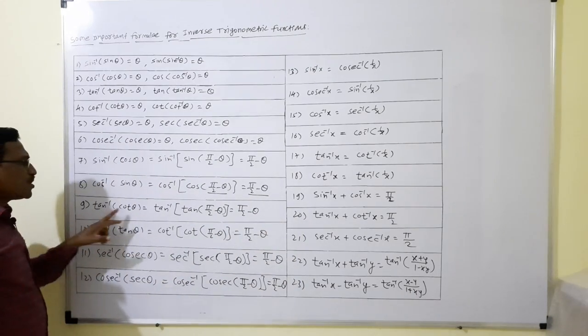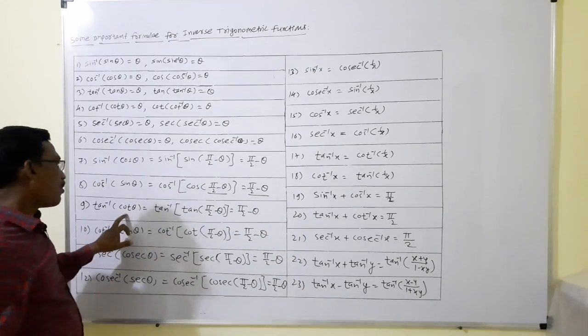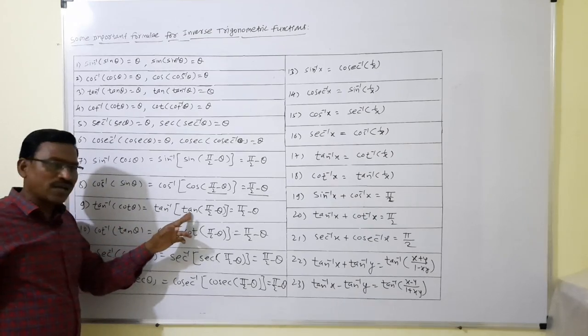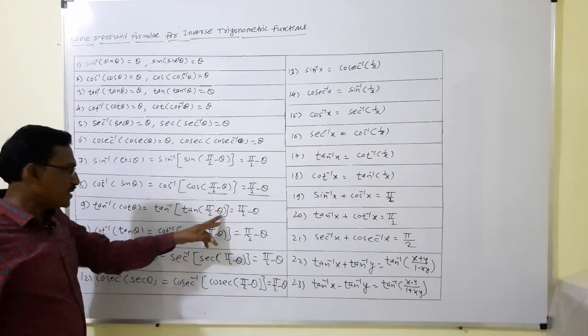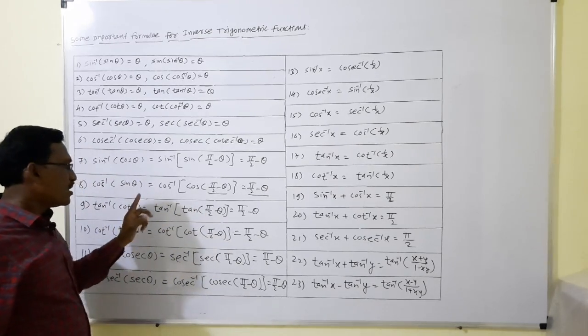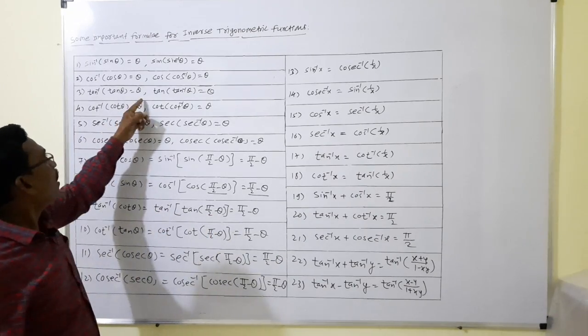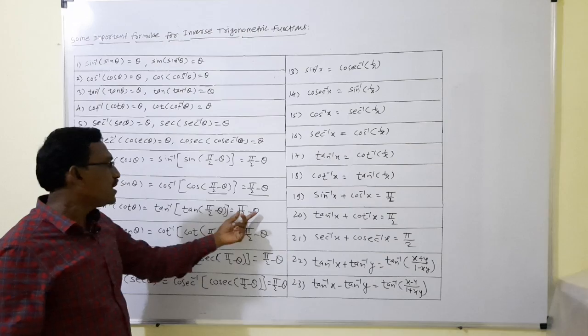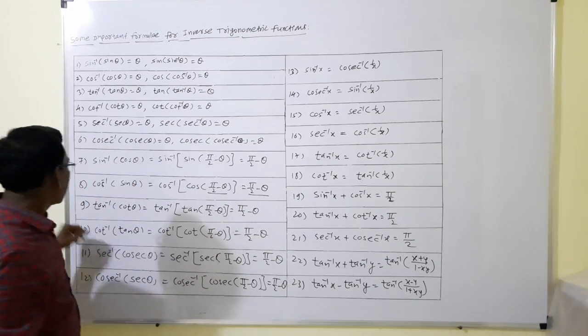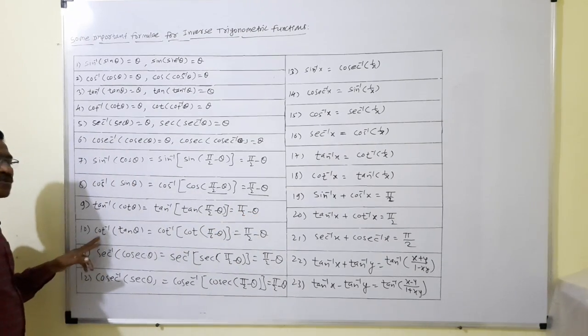Same way, tan inverse of cot, so we have to convert this cot into tan by using allied angle, which is pi by 2 minus theta. So tan inverse of tan theta, again by using the third formula, it is the angle of this tan only, pi by 2 minus theta. Next, cot inverse of tan theta.